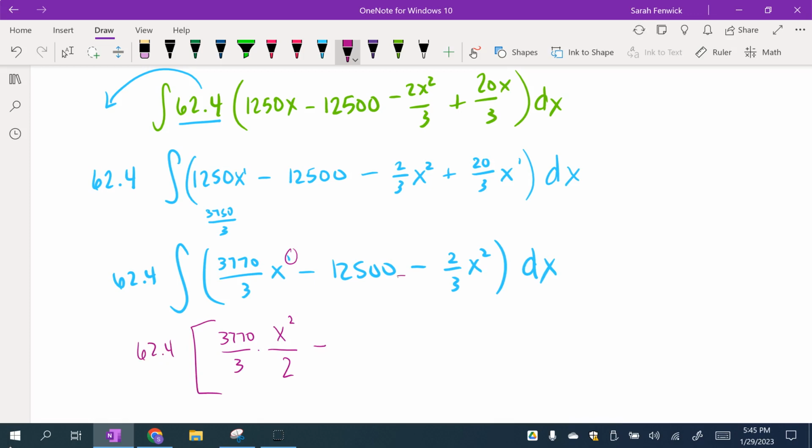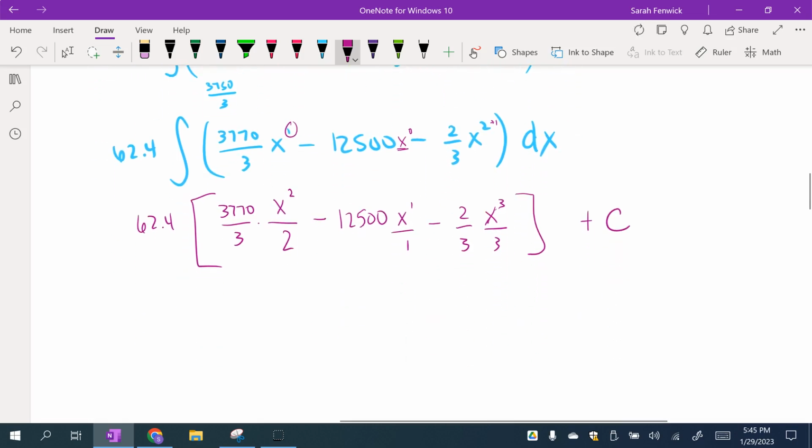Minus, this doesn't have an x at all, which is like having x to the 0. So 12,500 x to the 1 over 1. Minus, plus 1, so I'm going to have x to the 3rd over 3. And I have a 2/3 here. Plus C. There's my constant, that nebulous constant that we don't know about.